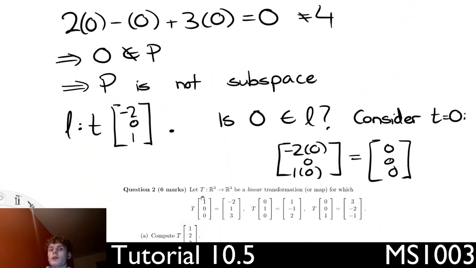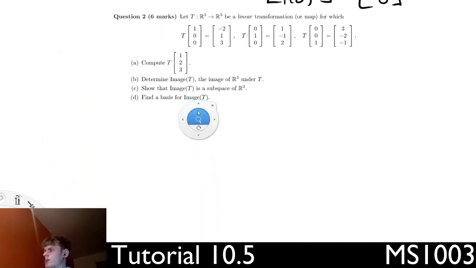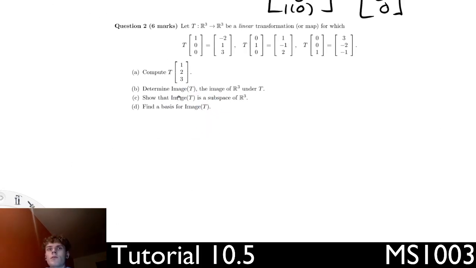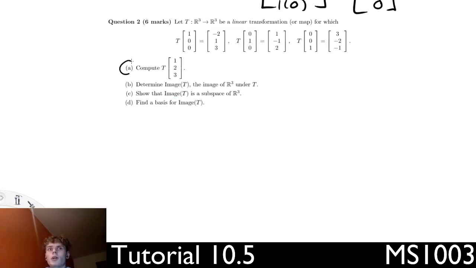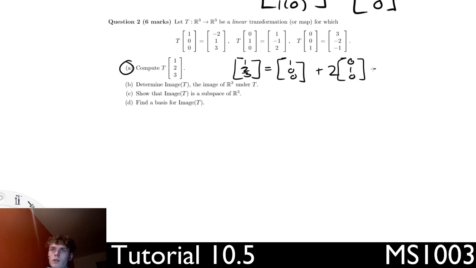Now that's question 1 finished. We'll move on to question 2. I think question 2 was fine. You should all be able to do this, right? Finding T of (1, 2, 3). For anyone who doesn't know, you just break (1, 2, 3) down as (1, 0, 0) plus 2 times (0, 1, 0) plus 3 times (0, 0, 1). Now, a good few people made some simple algebra mistakes here.